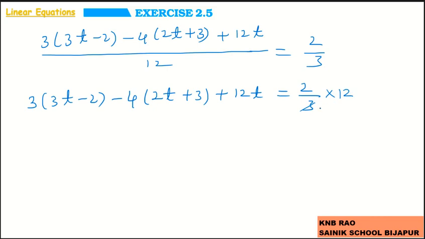Now 2 by 3 into 12, where 3 can cancel this 12, 3 fours are 12, it gives 2 into 4, 8 in the right hand side.